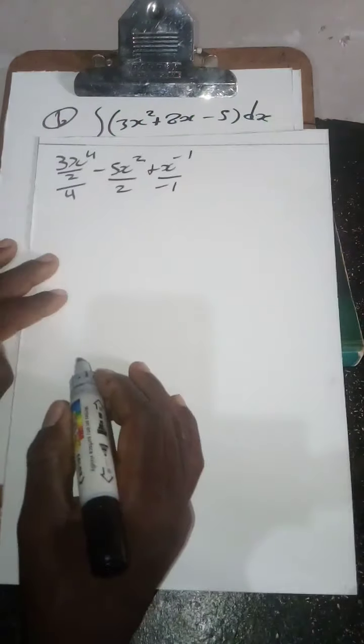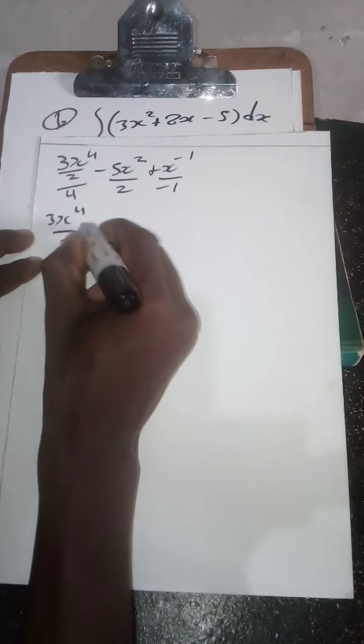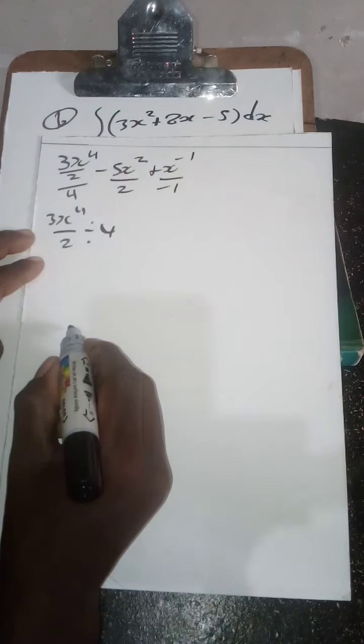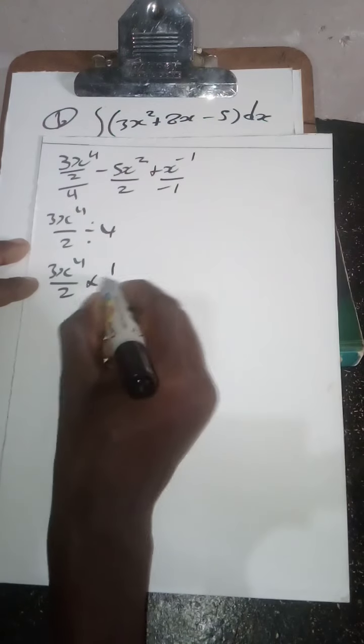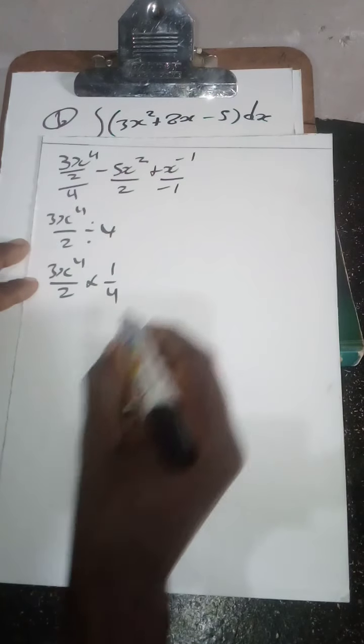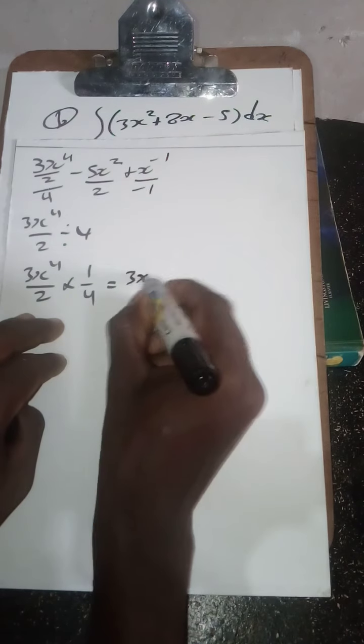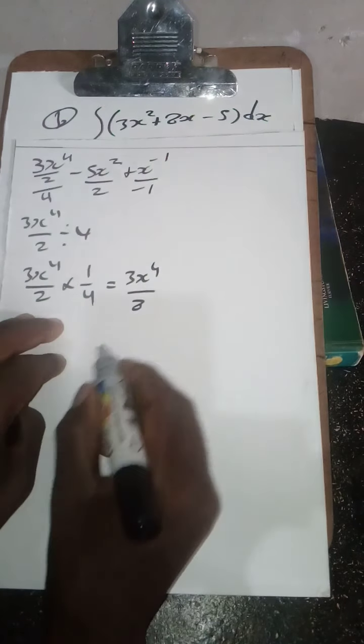So this is more like 3x to the power 4 divided by 2 divided by 4. In other words, this is 3x to the power 4 divided by 2 multiplied by 1 over 4, which gives us 3x to the power 4 divided by 8.